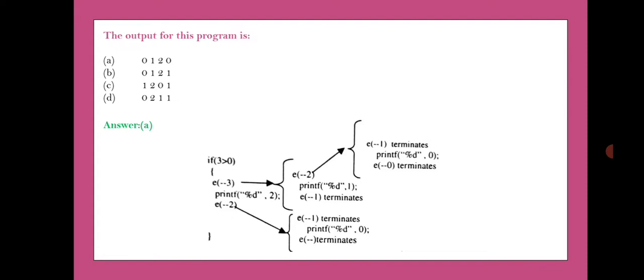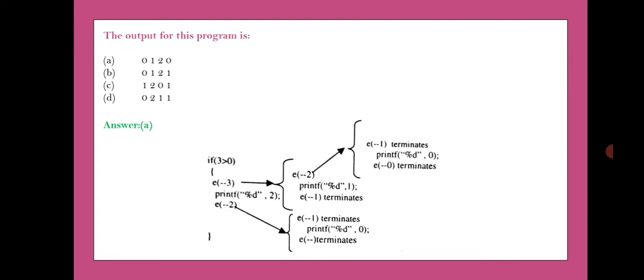So e of minus minus 3 will produce 0, 1, isn't it? So percentage d2 will print 2. E of minus minus 2 will print 0. Hence 0, 1, 2, 0.